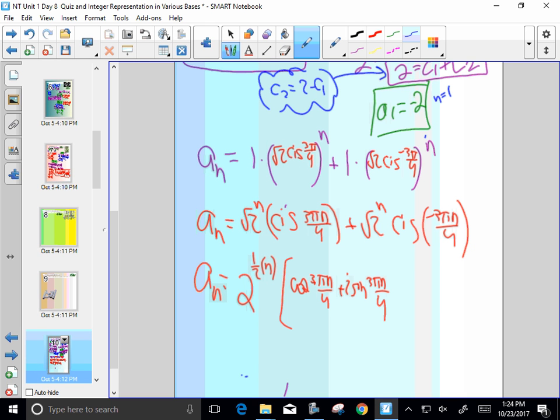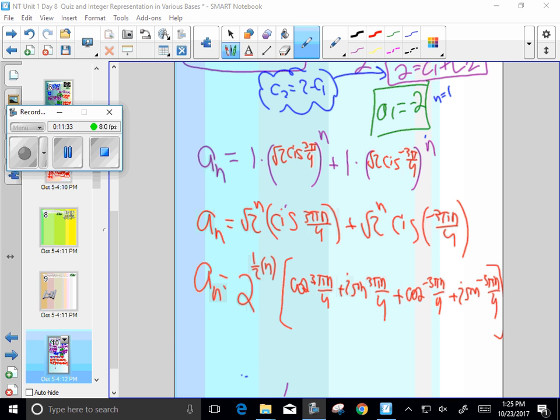We factored this out, right? Plus cosine negative 3 pi n over 4 plus i sine negative 3 pi n over 4. You can do it. Okay. Someone give me some good news.